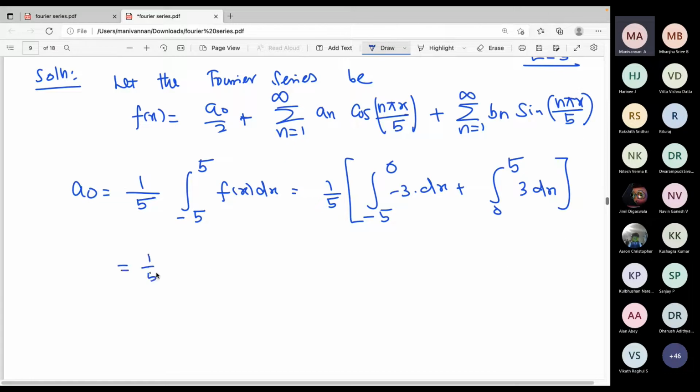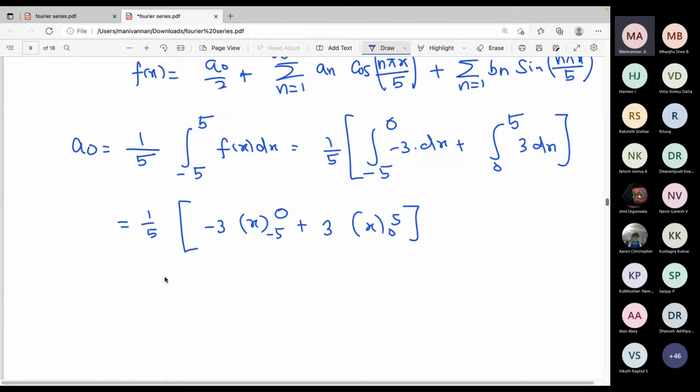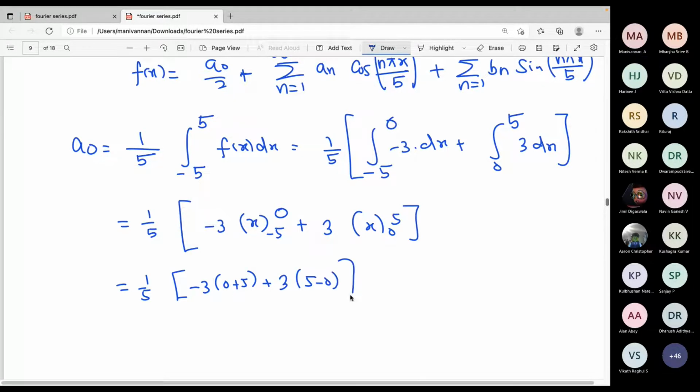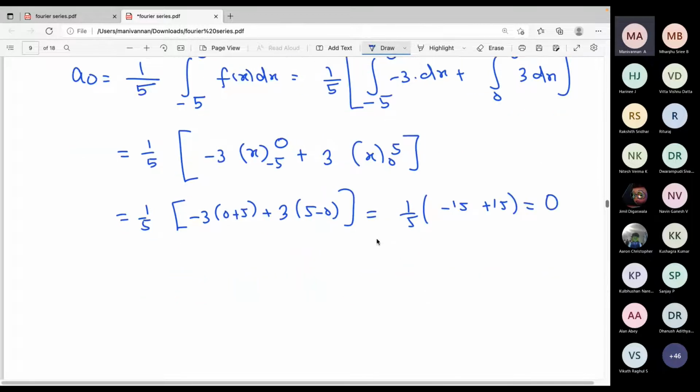So it is 1 by 5 times minus 3 x, substituting the limits. From minus 5 to 0 it is 0 minus of minus 5. Am I right? So this is minus 15 and this is positive 15, so it is 0. My a naught is 0.